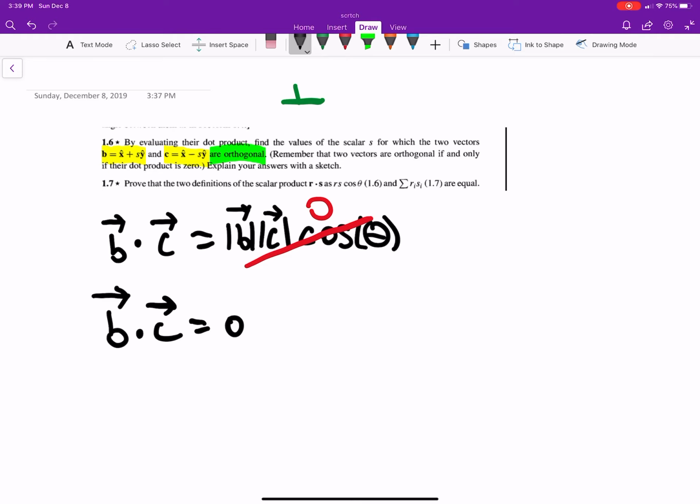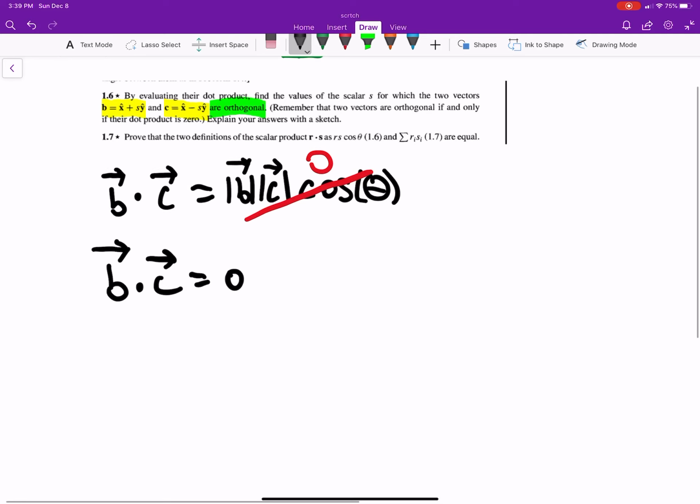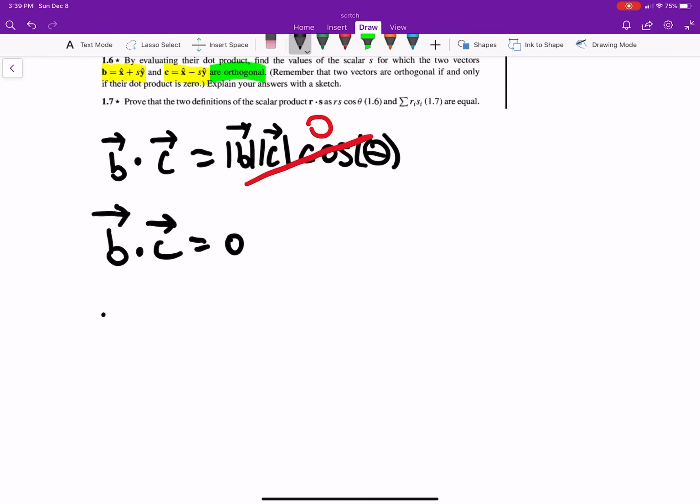Well, what exactly is our dot product here? We have 1 times 1, and then plus, I'm sorry, those are positives, not negatives. 1 times 1, I put a negative there, I was looking ahead. And then s times negative s.